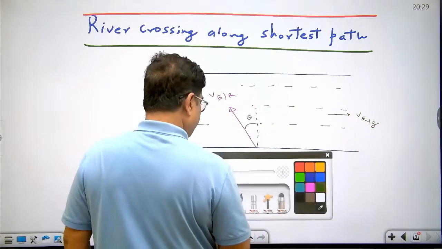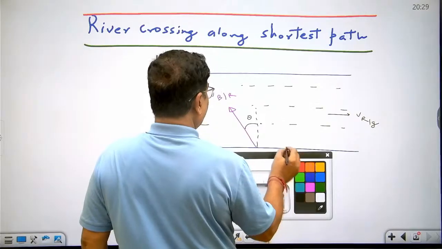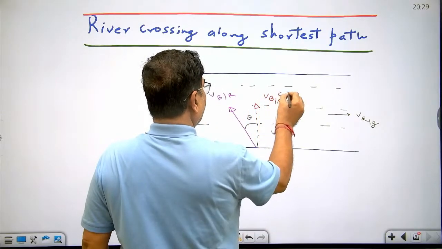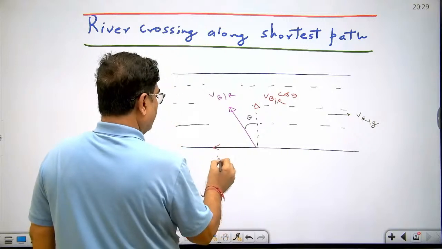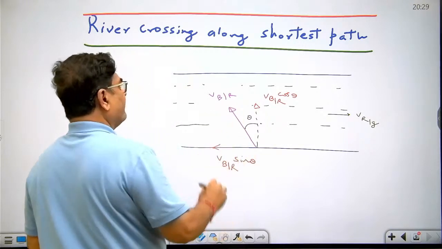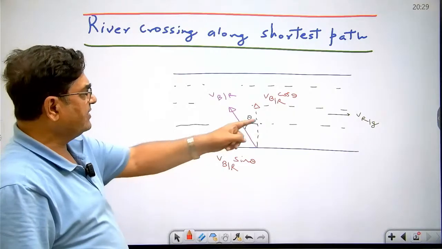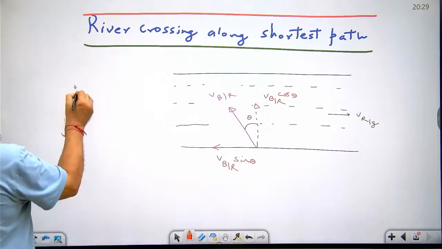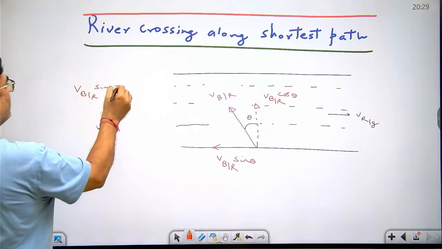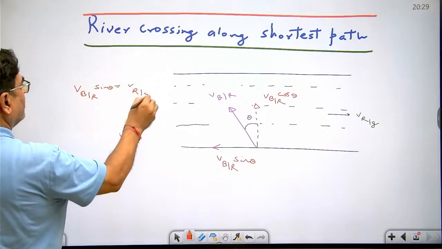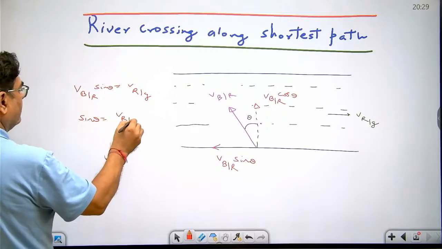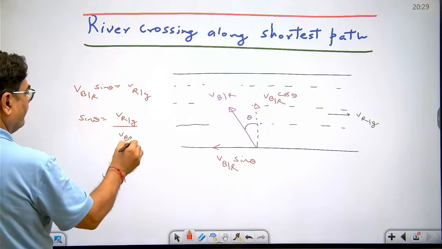Now we can see this is the component of velocity of boat along river width, and this is VBR sin theta. So to cross the river along shortest path, this VBR sin theta should be equal to VRG. VBR sin theta equals VRG. So dear student, to cross the river along shortest path, sin theta should be equal to VRG upon VBR.